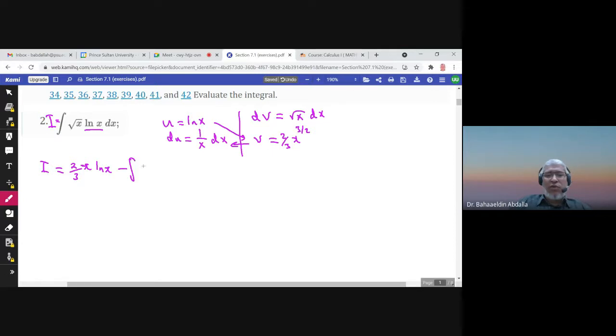So 2 over 3 x to the power 1 half times 1 over x dx. Notice that the x's combine, and the final answer would be 2 over 3 x to the power 3 over 2 ln x minus the integral of 2 over 3 x to the power negative half, which gives 4 over 9 x to the power 3 over 2, plus c. So this would be the answer.